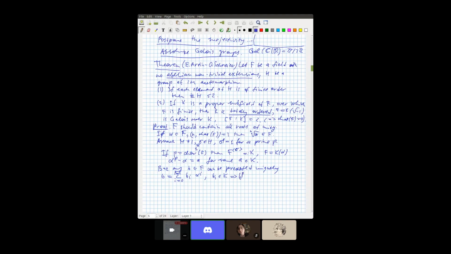Then we get b to the p minus b is equal to what? When we raise this to the pth power, we get just the sum of pth powers, b_i to the p alpha to the ip, minus b_i alpha to the i.